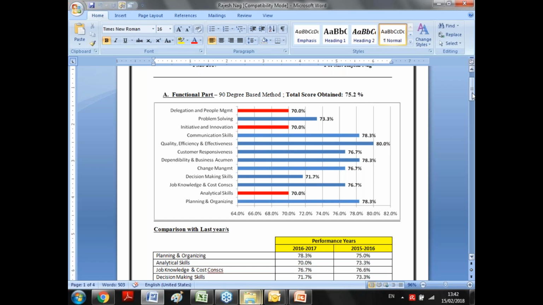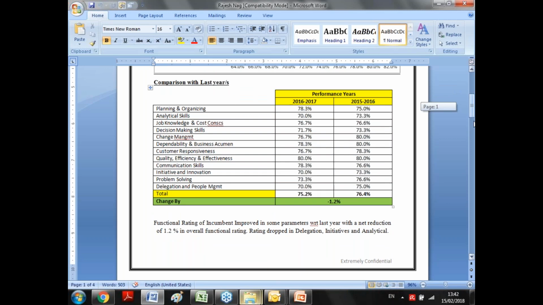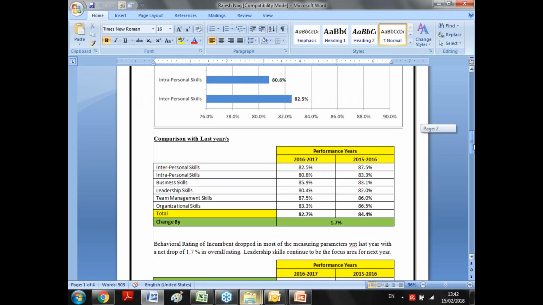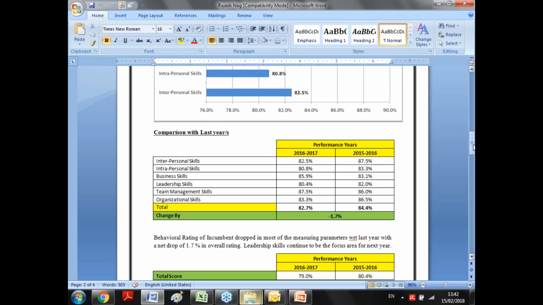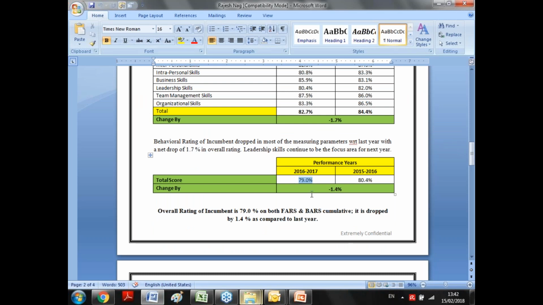This is the comparison of his scores on different parameters with respect to last year and how he has changed over these parameters. And then behaviorally, he is also getting scores from more than 30 respondents collectively. And again, the trends of increase, improvement, or reduction on the behavioral parameters and the total scores are there. Now, his total percentage marks in this aspect is 79%.